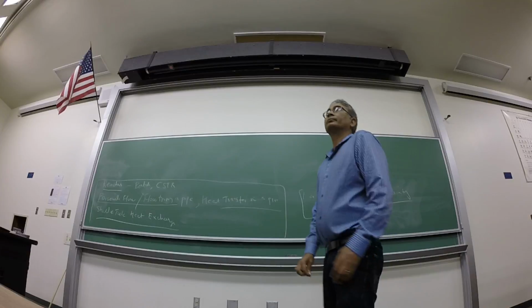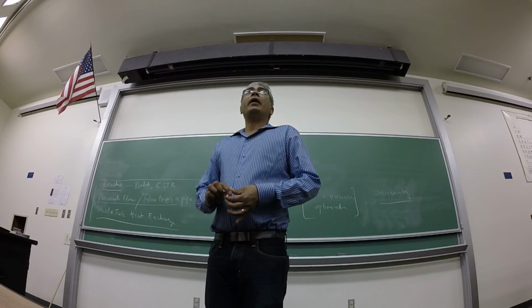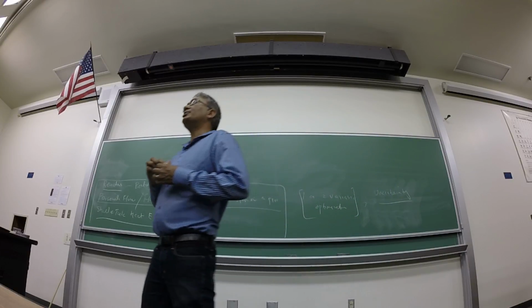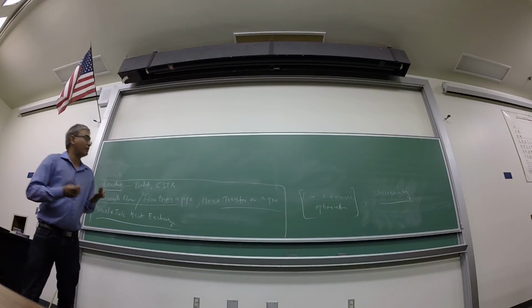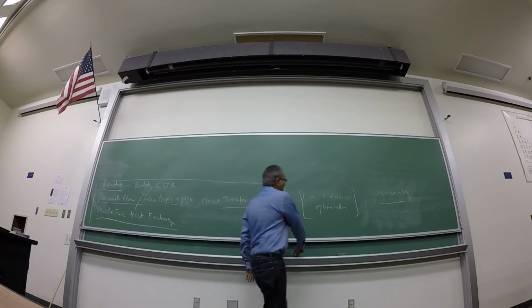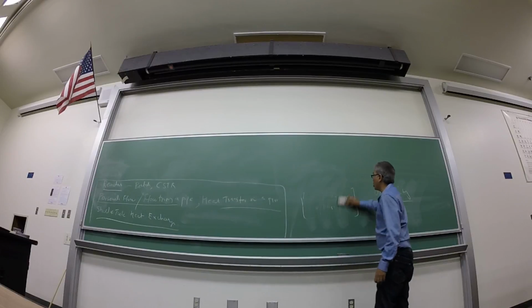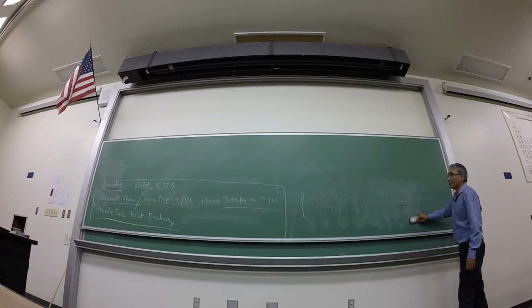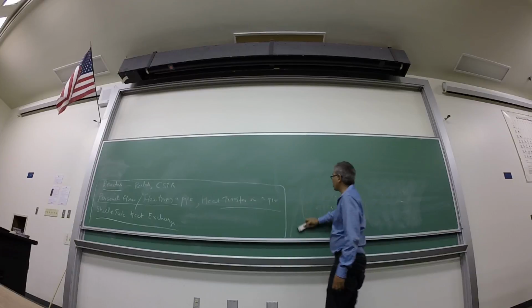Okay. All right. So today I'm going to start talking about a somewhat different type of optimization. All the optimization problems that we did so far are what are called unconstrained optimization. Today I will do something that is called constrained optimization.